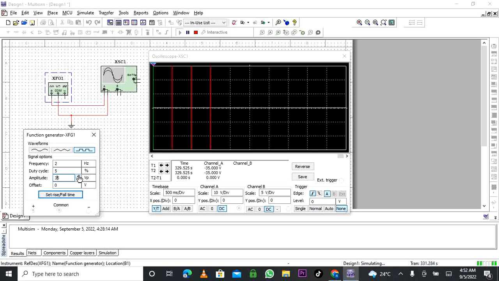Just say 2 volts per division so we can see that better. And actually, no, it's 5 volts per division.